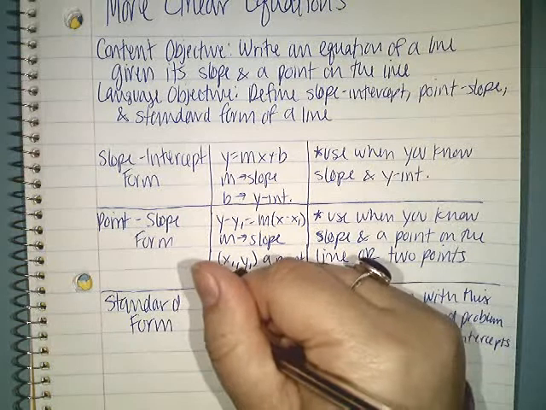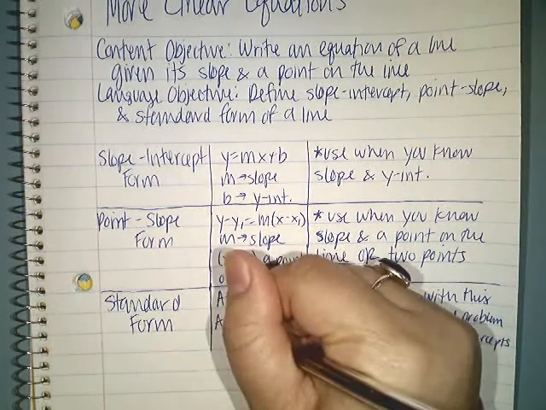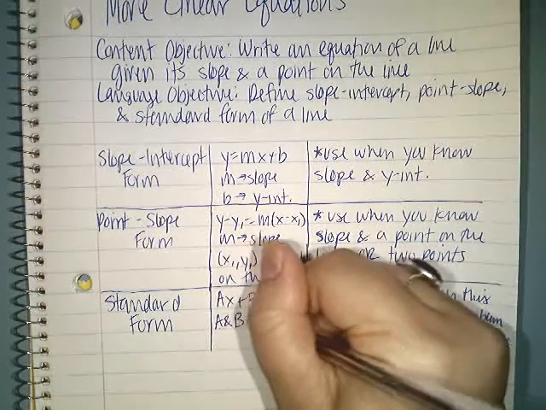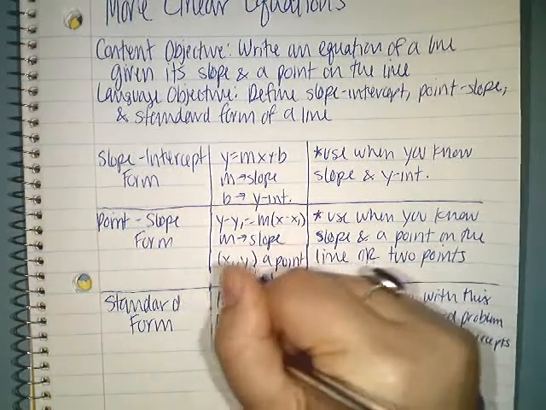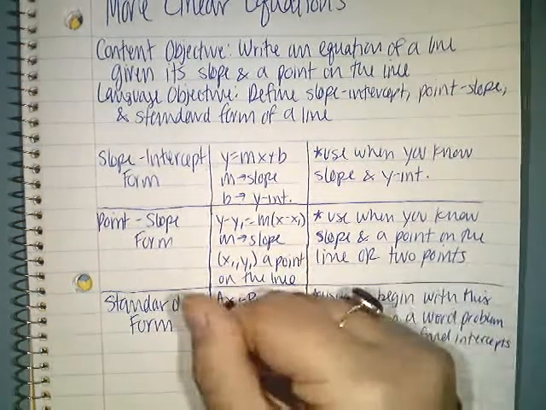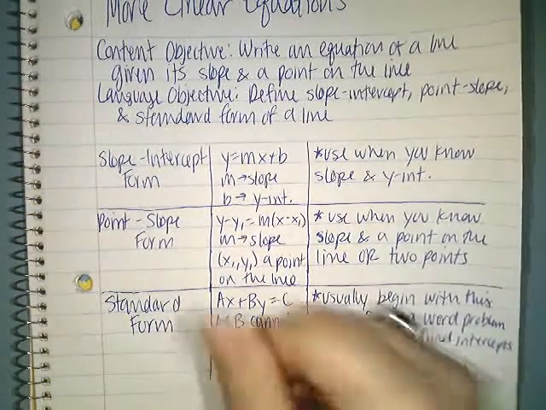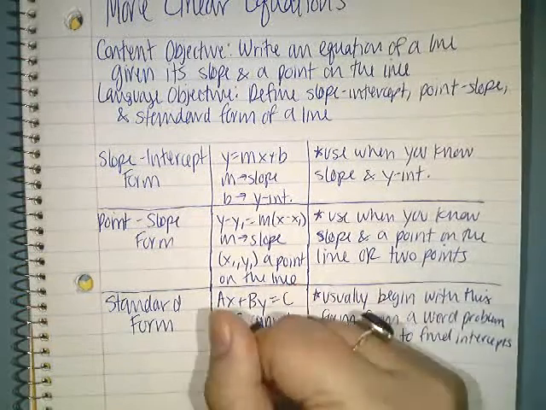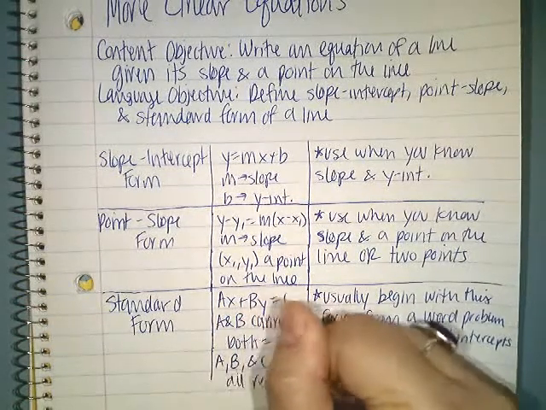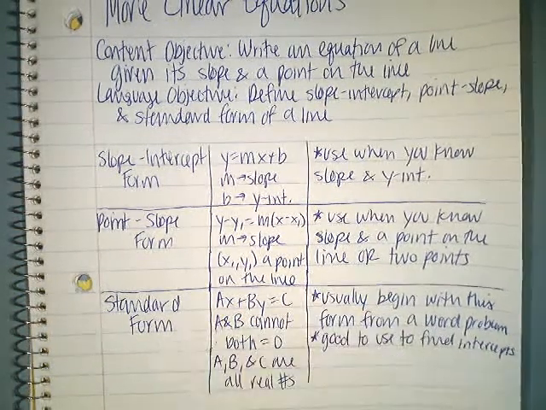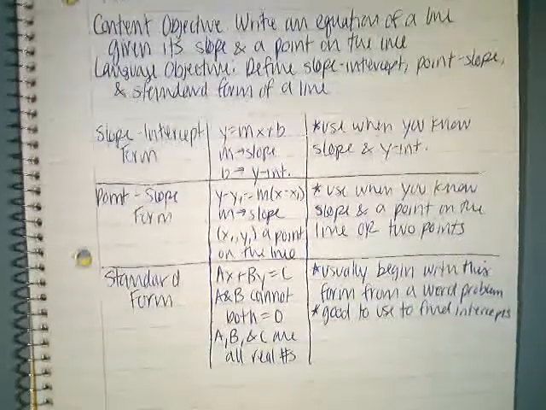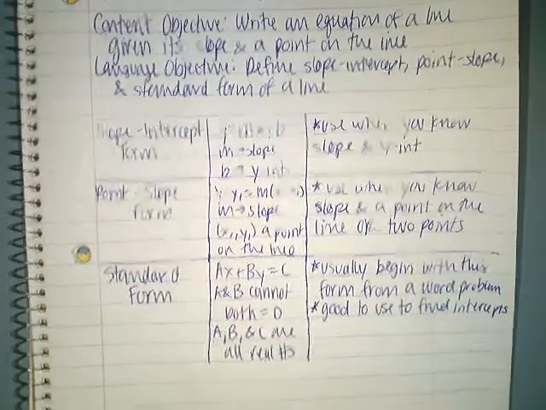The only other thing I need to mention is a and b cannot both be 0. They can't both be 0 if it's going to be a line, and a, b, and c are all real numbers. So you can't use imaginary numbers. We haven't even learned about imaginary numbers yet, so I won't worry too much about that, but it only works if a, b, and c are all real numbers.